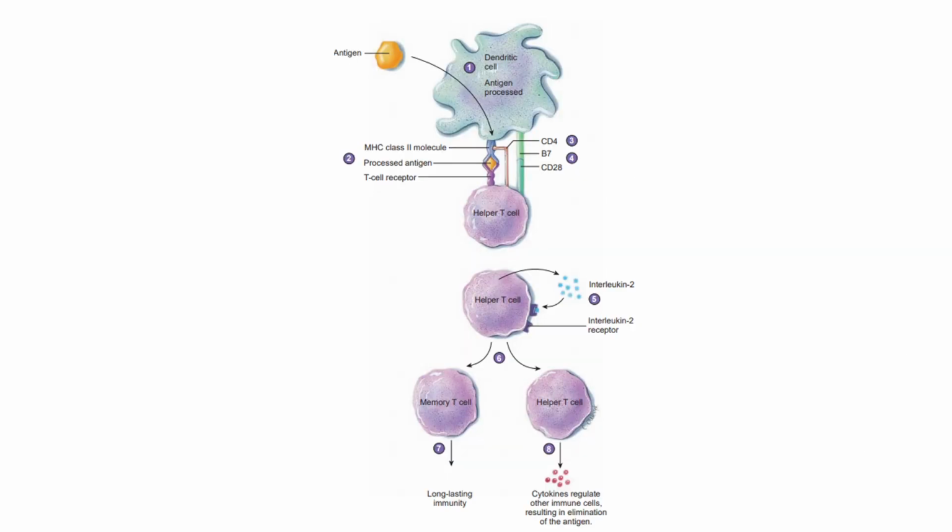Okay, so to reiterate the whole process, the antigen will be absorbed by an APC. Next, the APC will merge the antigen together with the MHC class II molecule, forming the MHC2 antigen complex.